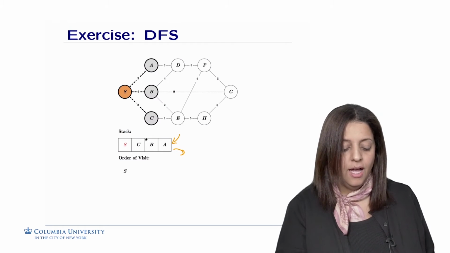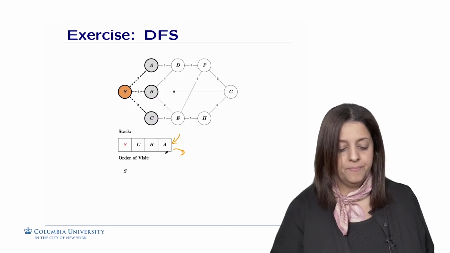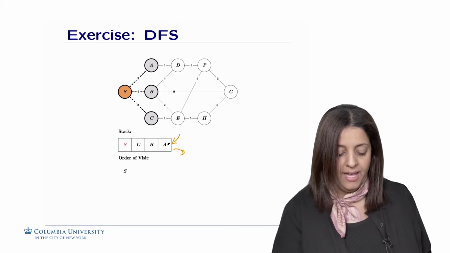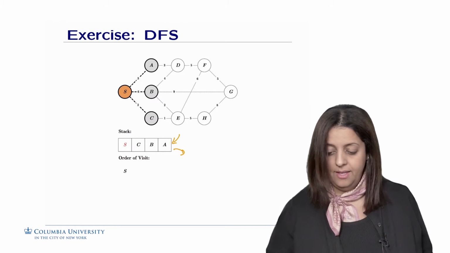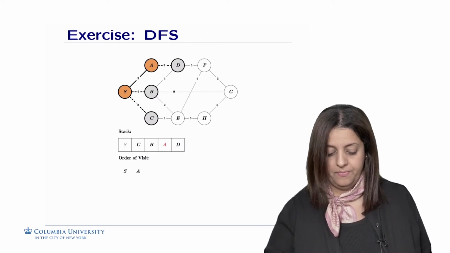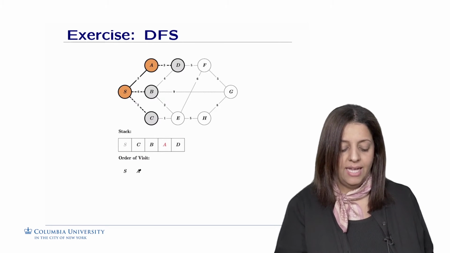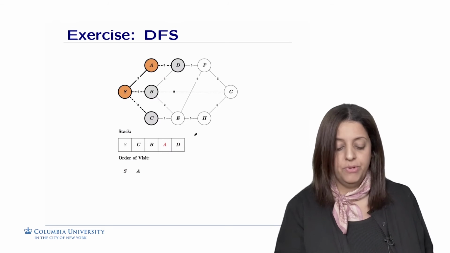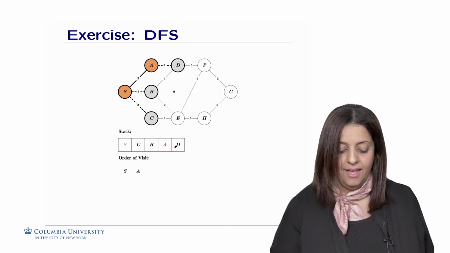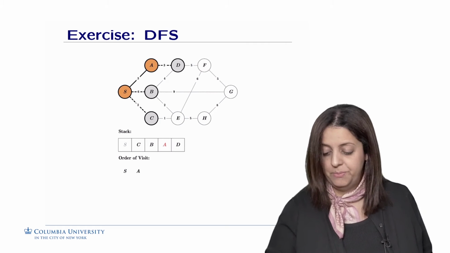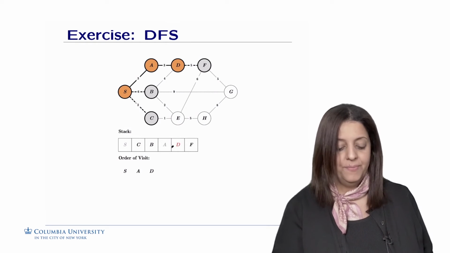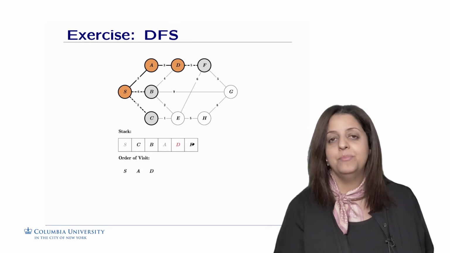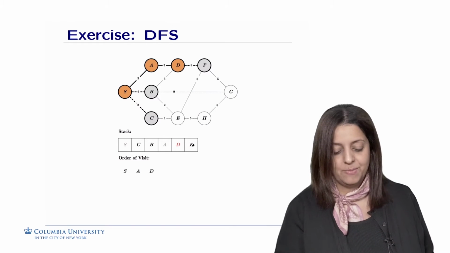So I'm going to push C, then B, then A, and the next element to pop would be A. Once we pop A, I add it to the order of visit. A has D as a child, so I push D, and the next element to explore is D. D has F, so I push F, and the next element to explore is F.